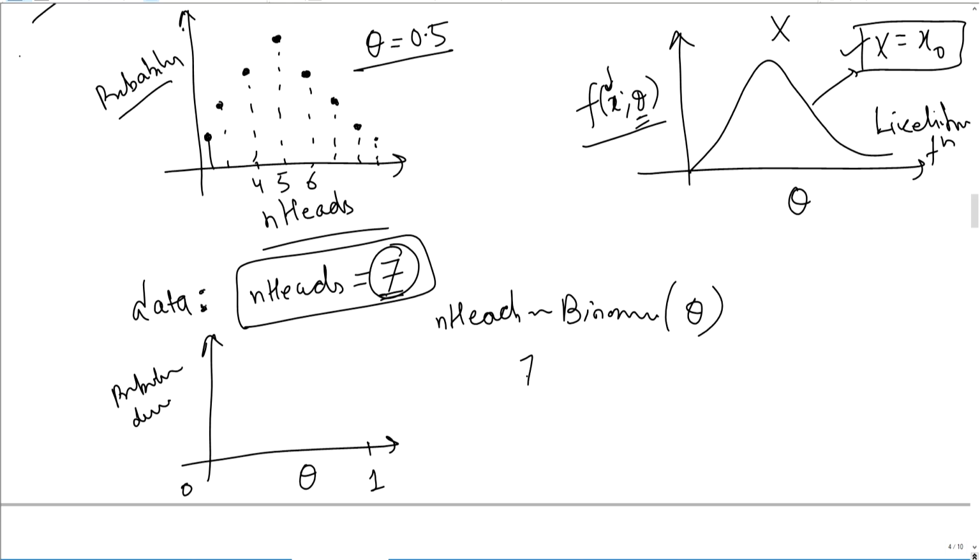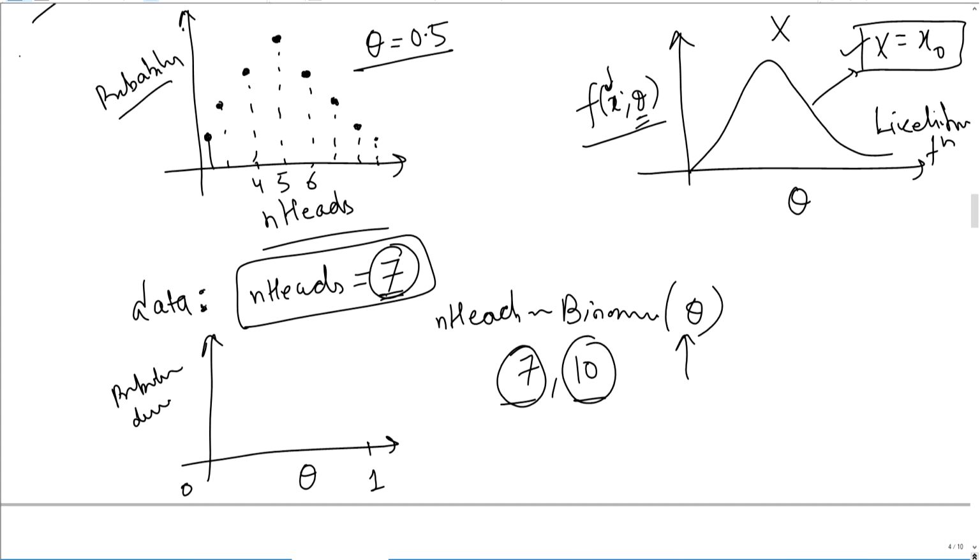So, you are obtaining 7 heads out of a total of 10 coin tosses, right. Now, if you plug in different values of theta, let us say you take thousands of values of theta between 0 and 1, and plug in all these values in a binomial PMF, given that x is 7, so the value of the random variable is 7, n is 10, then you will have a function with respect to theta, right.